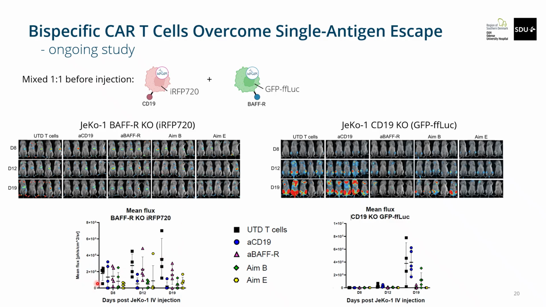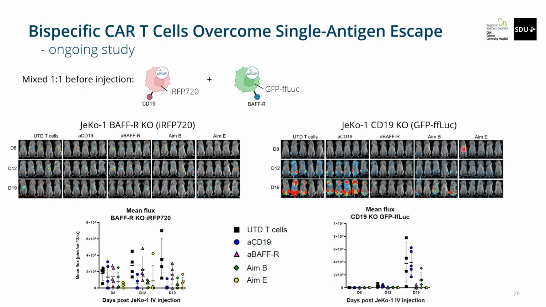There is a small diagram down here that allows you to see that there is probably more tumor growth in the UTDs after 19 days, and you could probably say something similar about the BAFF-R CAR T cells. And that is also expected because now the BAFF-R has been knocked out. So nothing unexpected there. It's hard to say much about the rest.